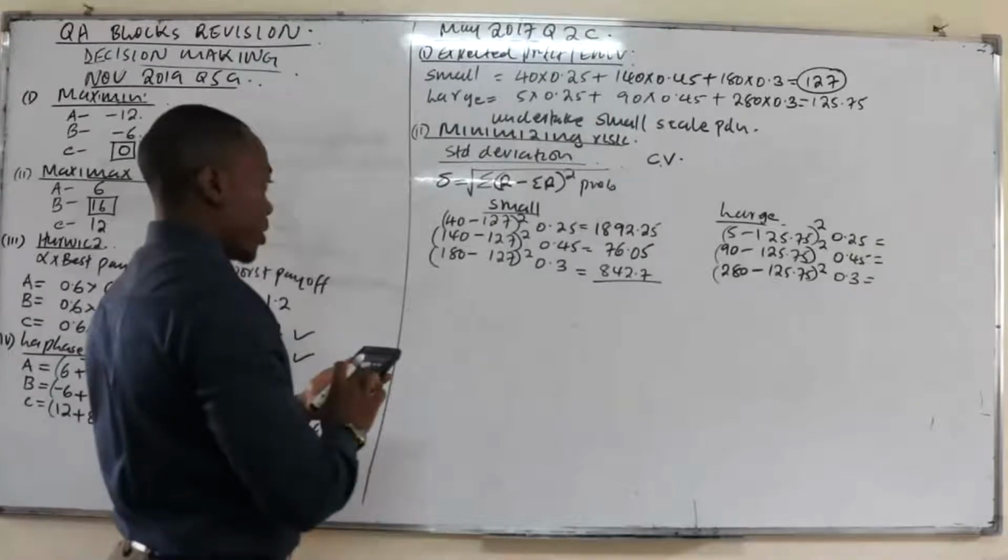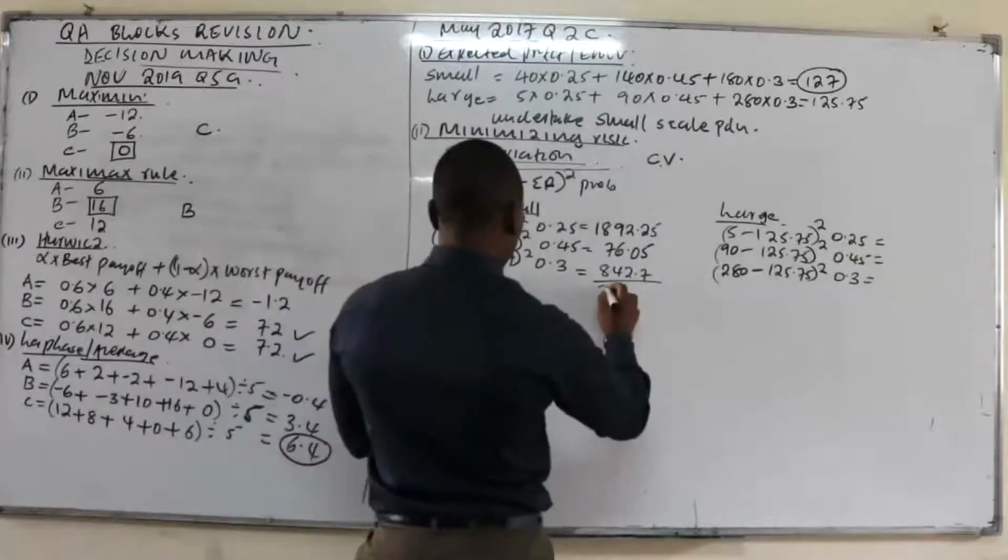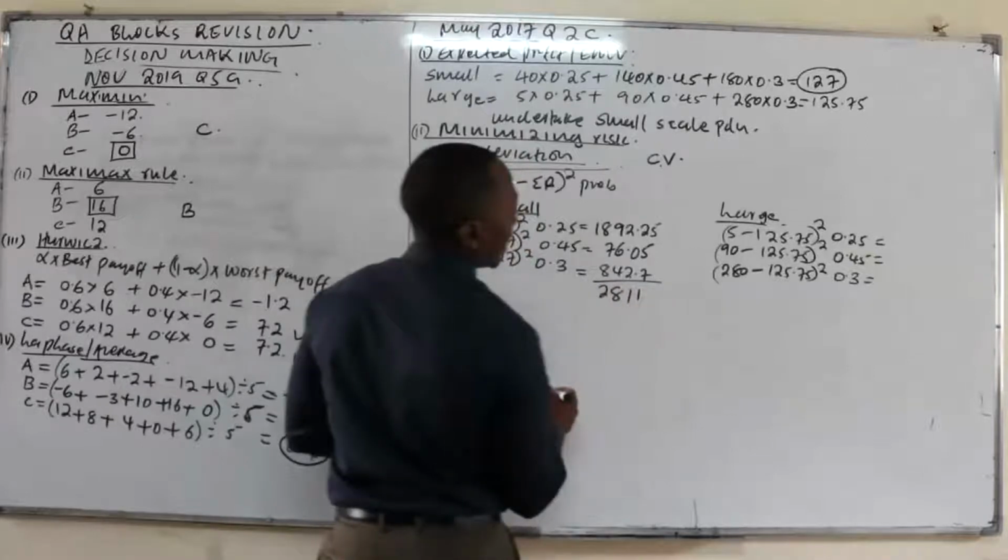You'll be having 2,811. Then once you get the summation, that's when you get the square root. So the standard deviation will be 53. Now I do it for the large scale.